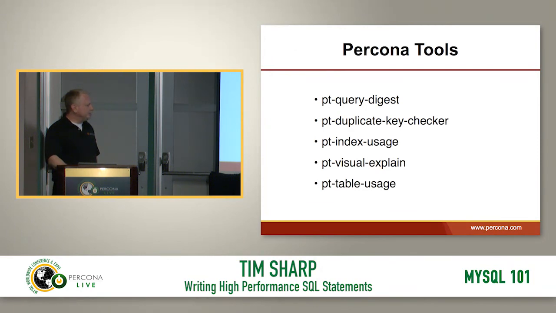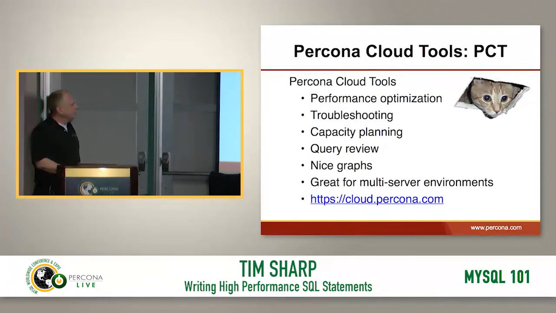And pt-table-usage also looks at how your tables are used. We've also included Percona Cloud Tools recently, which allows you to log into our servers and do performance optimization, troubleshooting, and looking at queries, and you can access it through cloud.percona.com.